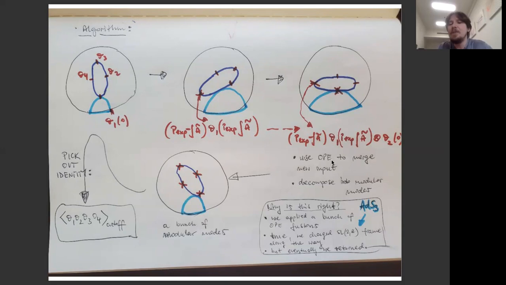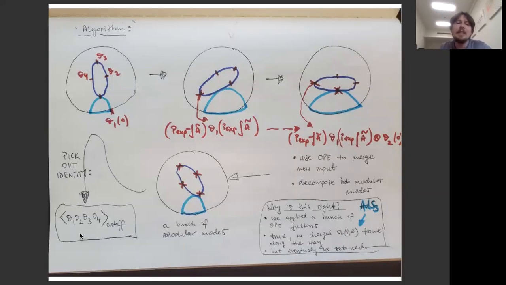So I will use the OPE to merge the new input and possibly decompose the answer into modular modes of this new operator. And then I will keep going. And I will keep going until I have rotated all the way around the cutoff surface. When I'm just about to complete a full evolution, rather than going back to where I started, I will just pick out the identity component of these modular modes that I have generated along the way.